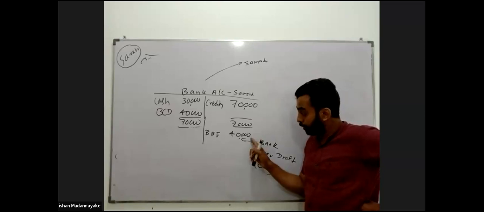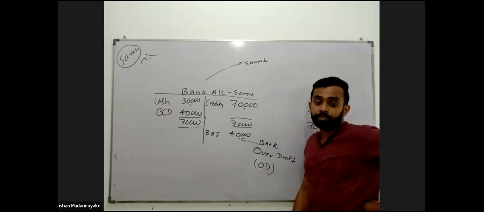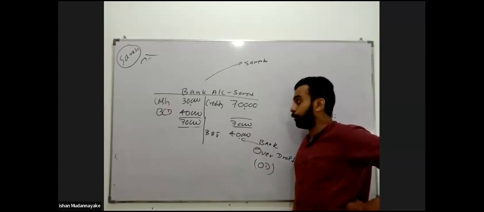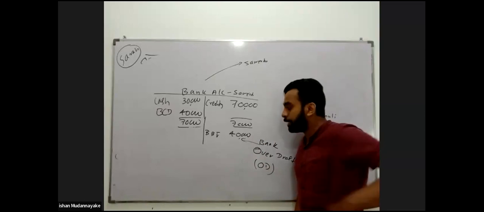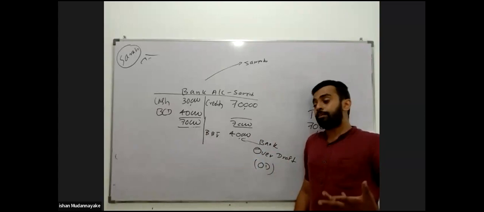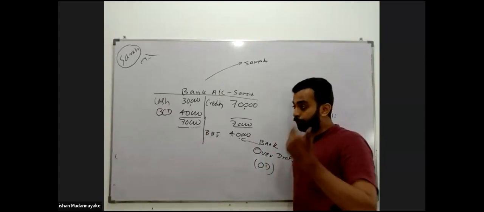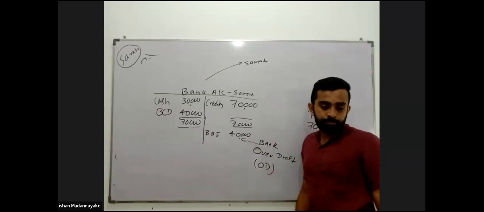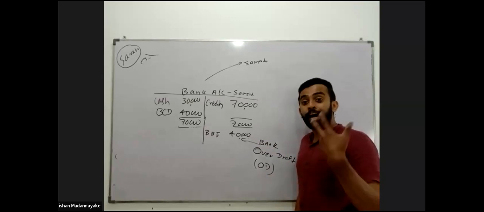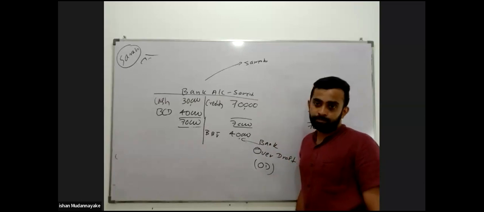Now, this 40,000 is a liability for the business. If you agree to settle this 40,000 within 2 days, or within 5 days, you need to deposit 40,000 in your bank account. If not, in future you will be unable to take a bank overdraft from the bank.